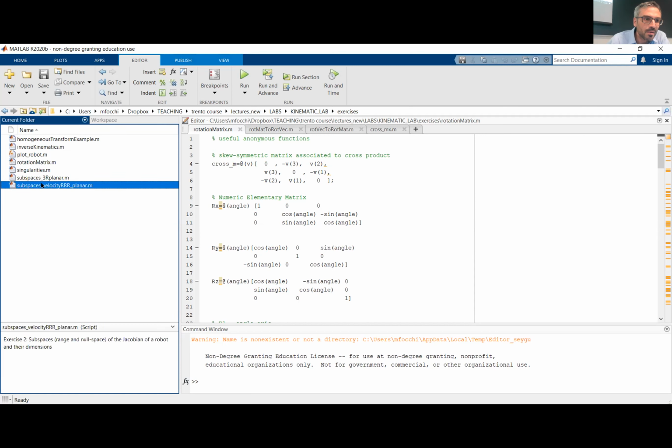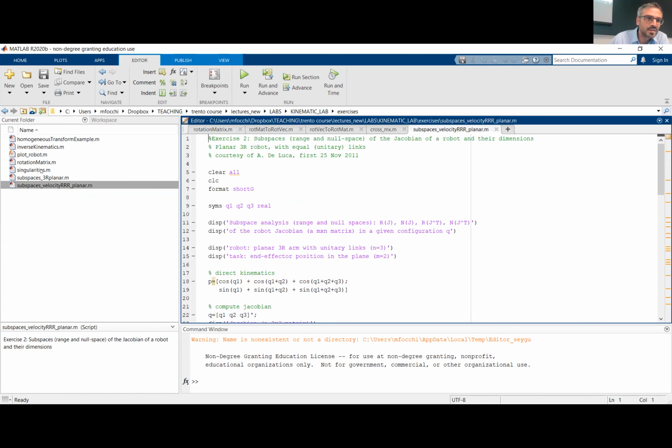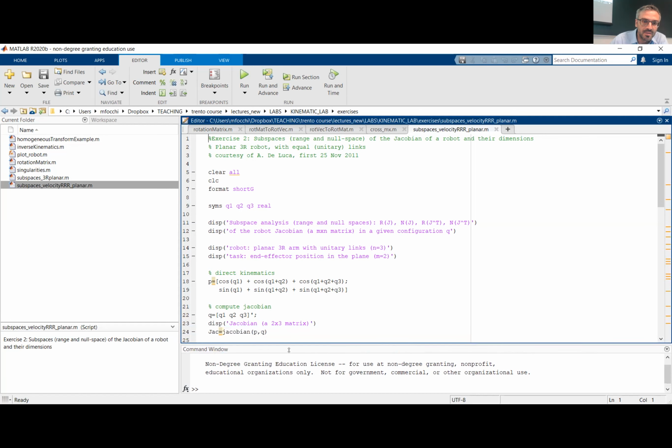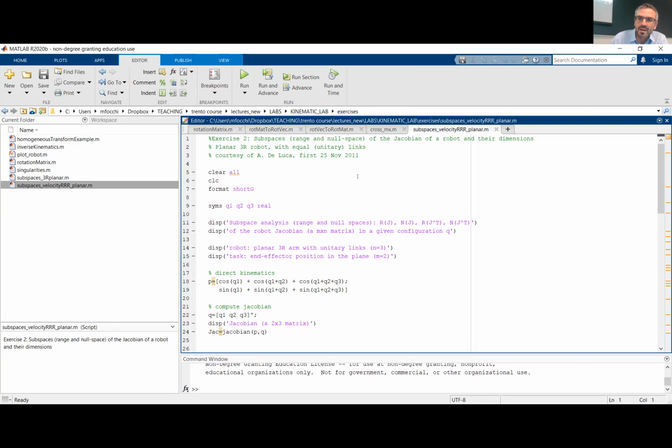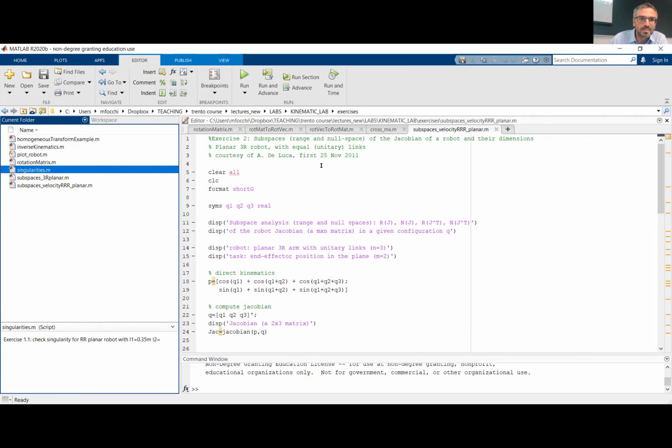So yeah, I would like to show you the singularities. You can just double check the exercise we did for the 2R and the RRP robot.